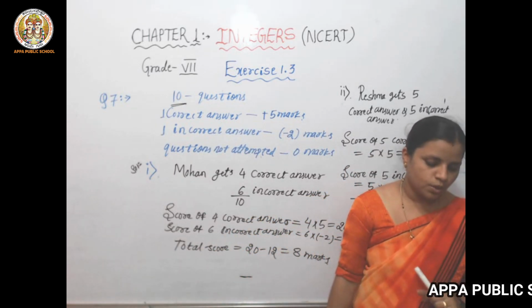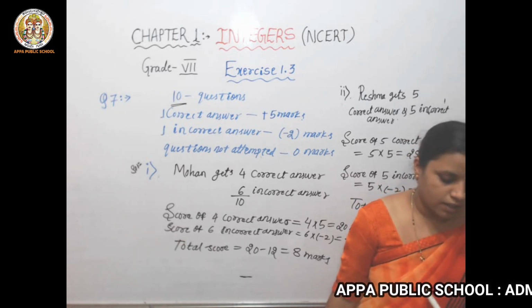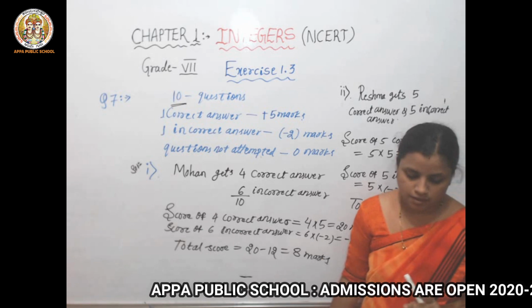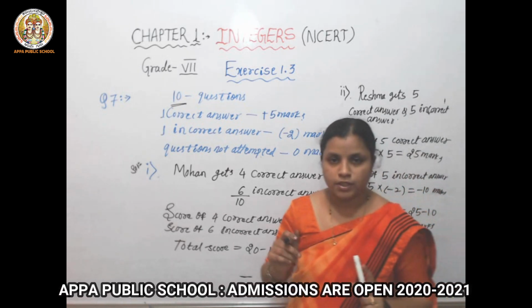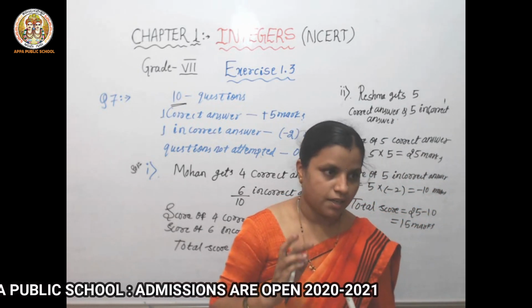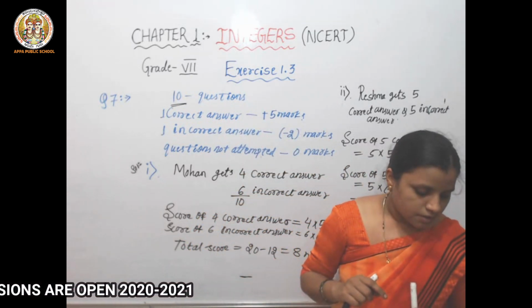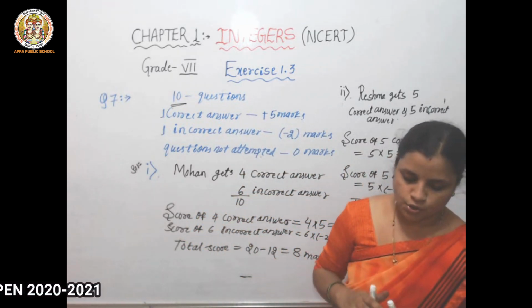Hina gets 2 correct answers and 5 incorrect answers out of 7 questions. Here Hina attempted only 7 questions and 3 are unattempted questions. And what is her score?